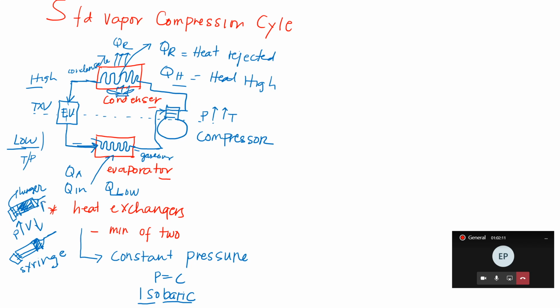So the pressure is going down while the volume is going up. The volume is increasing, but the pressure becomes relaxed. That's the relation. We call that Boyle's law. So here at the expansion valve, that is exactly what is happening.